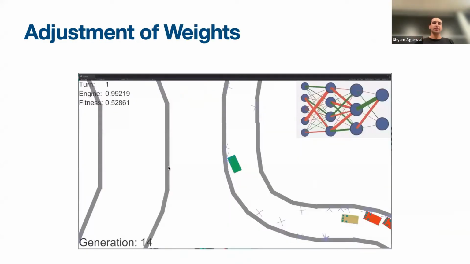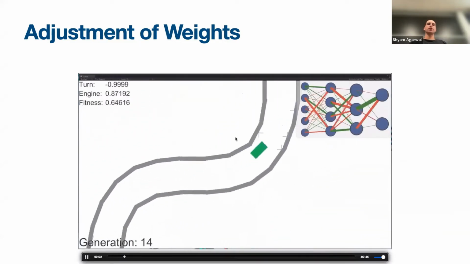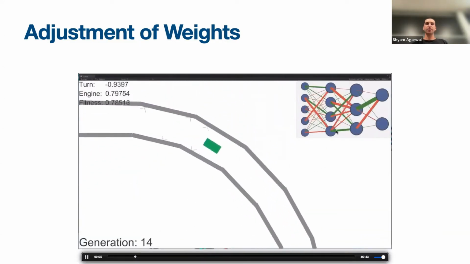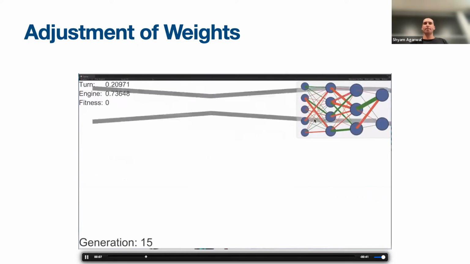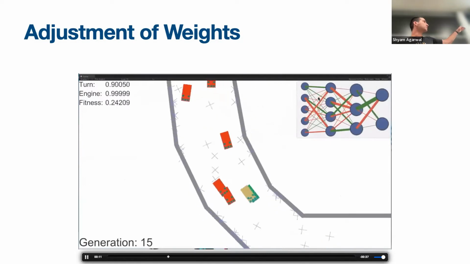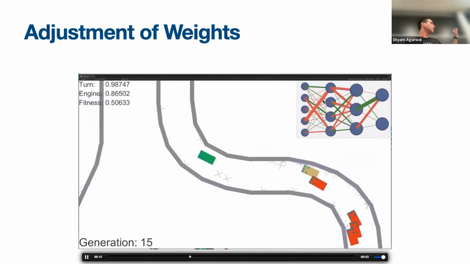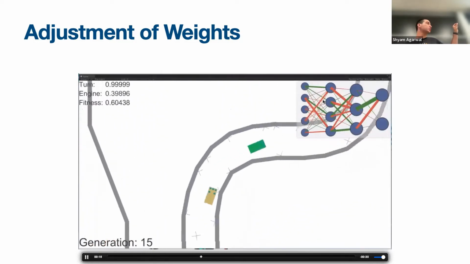Another example that I wanted to show you is the adjustment of weights in a neural network. On the top right-hand corner, you can see there's a neural network with some weighted connections. And each time these cars are going through the path, you can see that the weights change incrementally, just a little bit throughout each iteration.